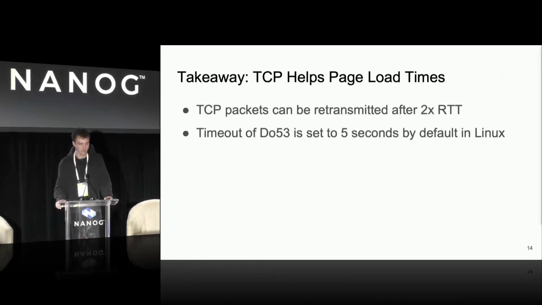So what we're thinking is that as you get into lossier network conditions, particularly going from 4G to lossy 4G, it might be the case that as packets are getting retransmitted, you could actually retransmit faster over TCP, which we think might help the performance of DoT and DoH in page load times, despite the fact that you might have higher DNS response times.